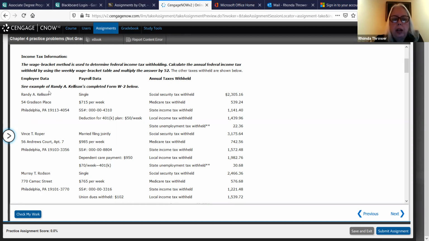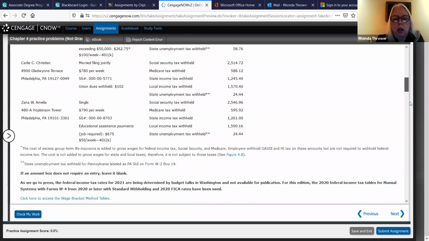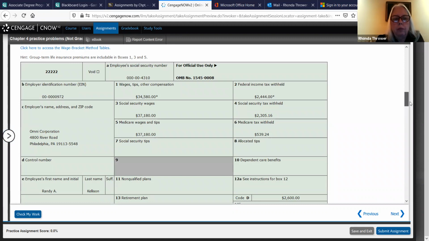They have given you an example to go by for Randy Kellison. They completed the form W-2 for him below. This is the employee data for Randy Kellison that you needed to know that would go into the employer's name and address and their zip code right here.